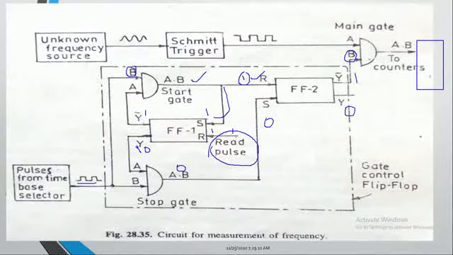So toggle means the previous one is a 0, now it becomes a 1. As it becomes 1, one of the inputs of this one is a 1, then the pulses are fed as an input. Now the output of the AND gate becomes a 1. So when the output of the stop AND gate becomes a 1, then this one is set now. Previously it is a 0, now it is a 1.